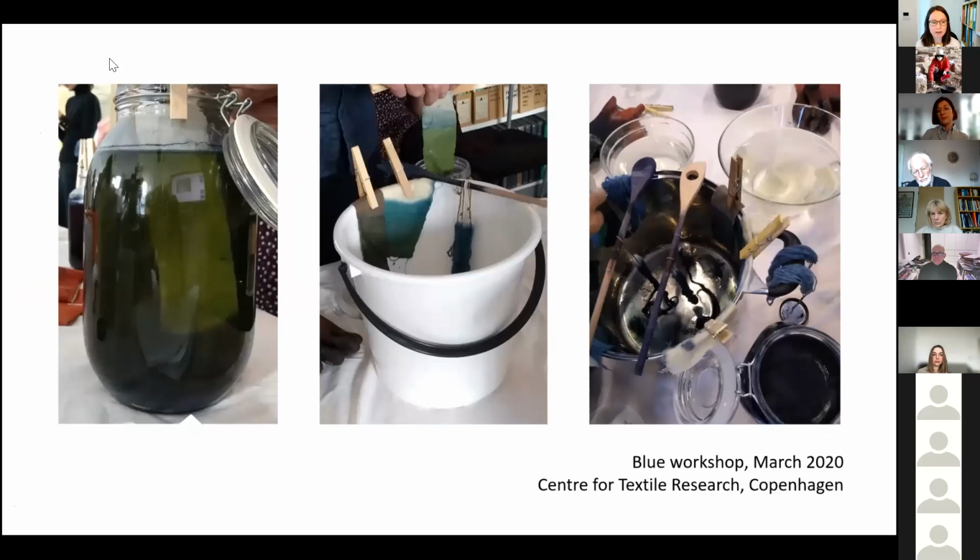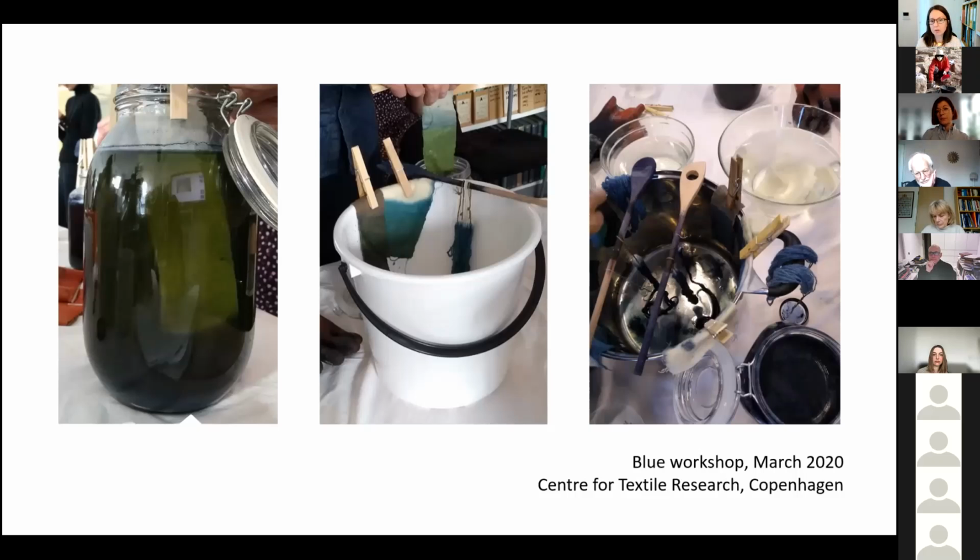So how do these vat dyes work? You can see that the indigo cannot be dissolved in water. So you need an alkaline solution, then you put your textile in, and you see on the left image that your textile is not blue in the solution. It's yellowish green, greenish yellow. And it's at the moment when you take the textile from this solution that it interacts with oxygen, which will clip your dye onto the textile.